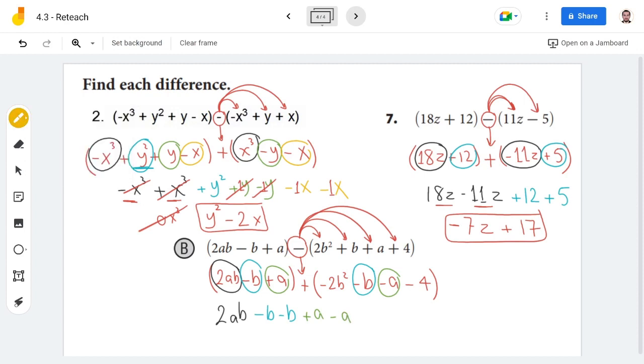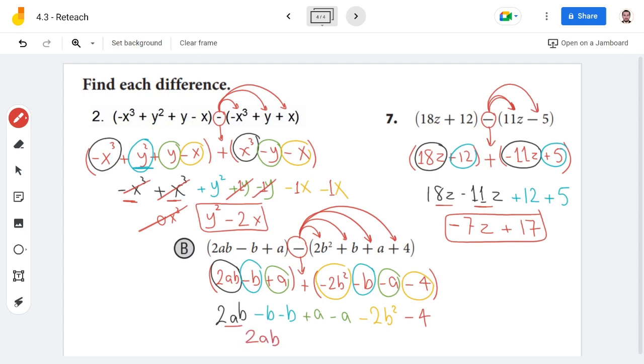Okay, then do we have negative 2b squared? No. So let's write it, negative 2b squared. Do we have negative 4? No. Let's keep negative 4 the same. Let me change the color of negative 4 to red so you don't get confused. Negative 4. Okay, so now let's simplify it. 2ab, same, no change.